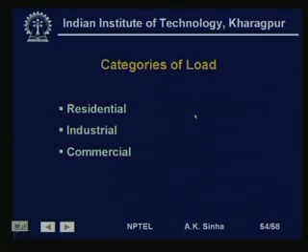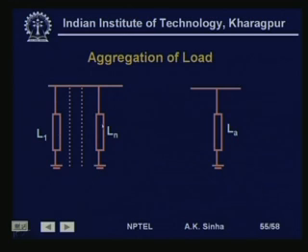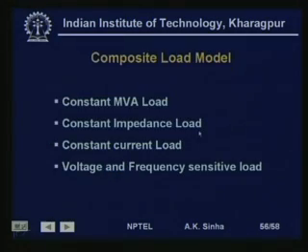This is done for aggregation of the loads, like we add up various loads into one aggregated load. So, composite loads can be modeled as constant MVA load, constant impedance load, constant current type loads and voltage and frequency sensitive loads. All these types of load can be aggregated as a complex model.